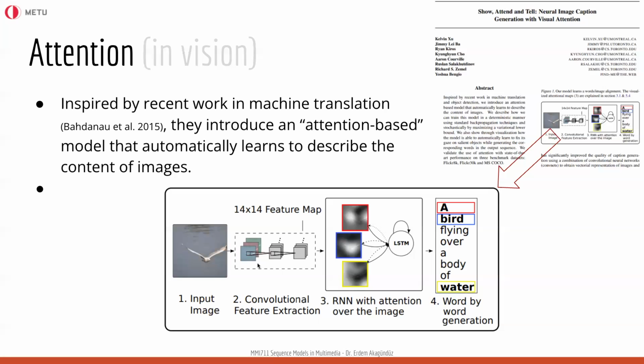And they feed this sequence of feature images into the RNN, and there is an attention layer in between, which is fundamentally and mathematically the same attention mechanism we have seen in the previous example of Bahdanau.